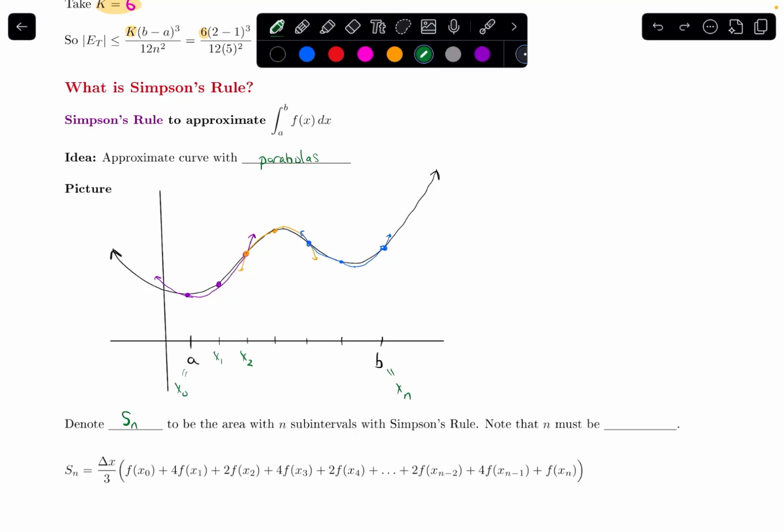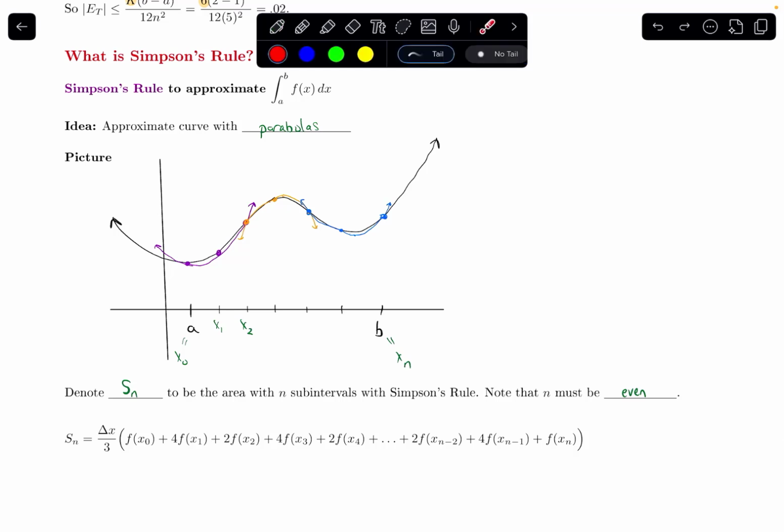We already noted that n has to be even. I need an even number of pieces to be able to create parabolas like this. It turns out, if you do a decent amount of algebra, that Sn ends up being given by the following formula. We saw a very similar formula when we were using the trapezoidal rule. Remember, delta x is the width of one of these subintervals.